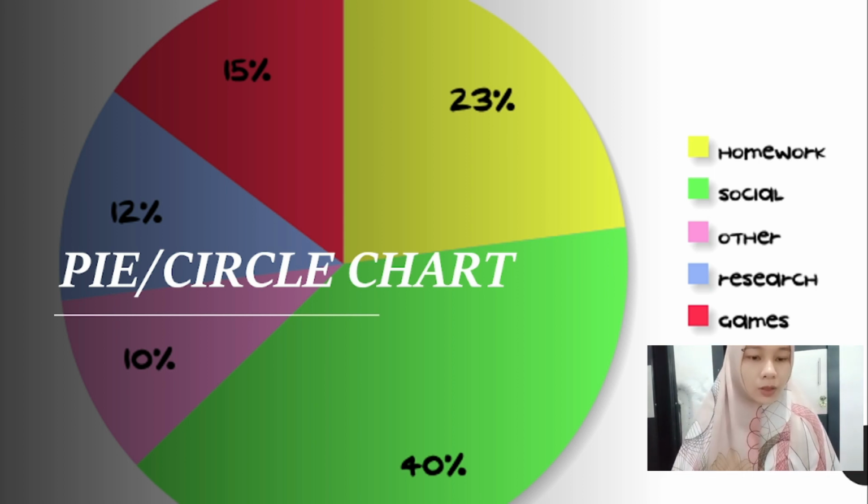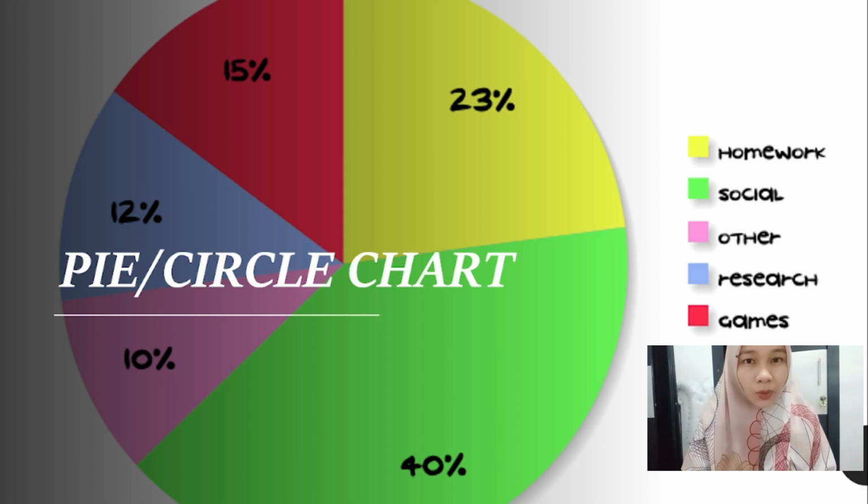This pie chart or circle chart is very easy to know, right? I always have this kind of chart in my articles or research articles, because I think this kind of chart is very easy to understand.